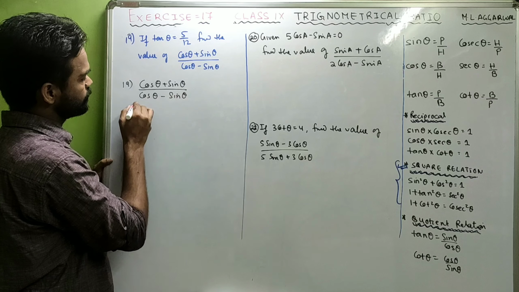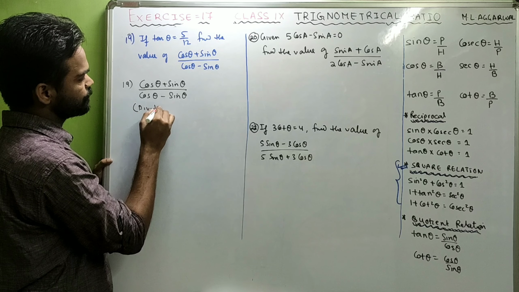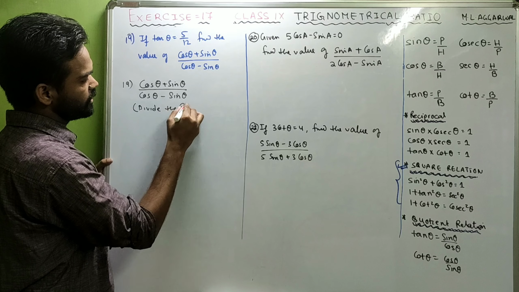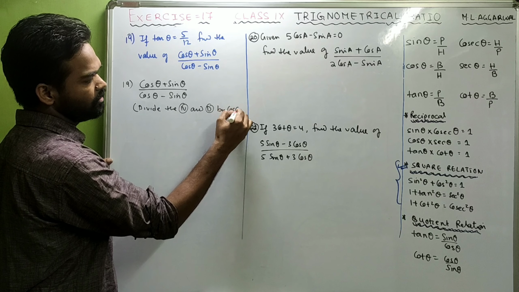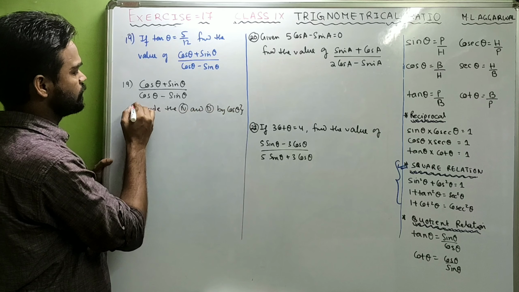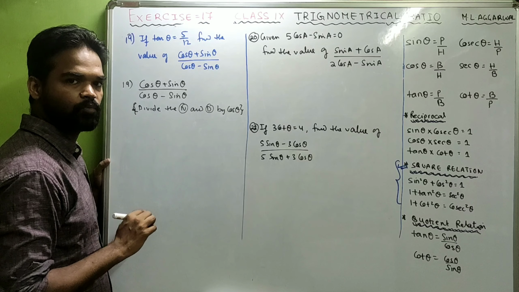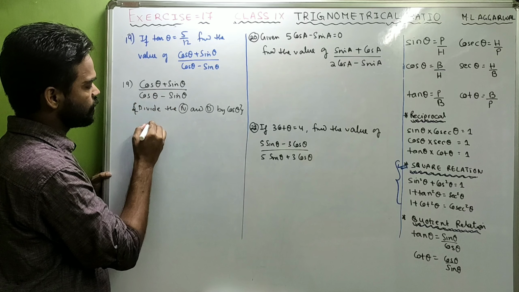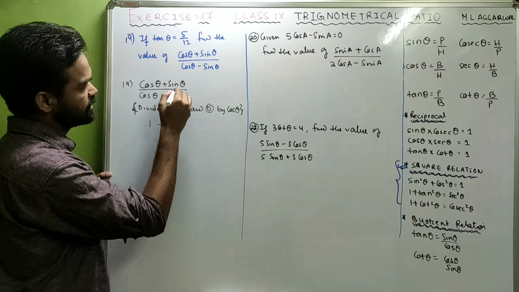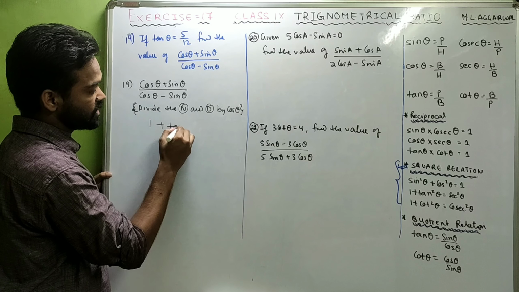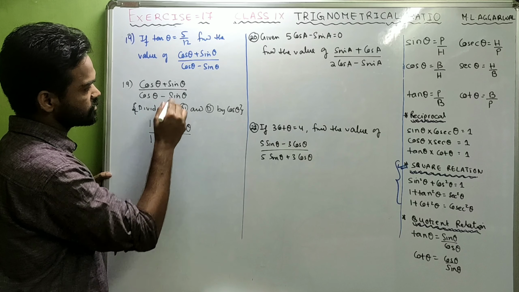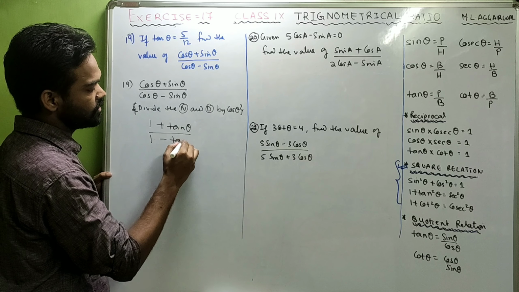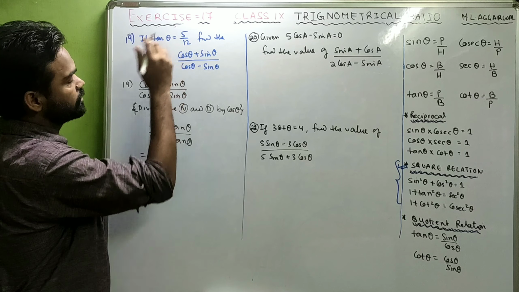What I'll do, divide the numerator and denominator by cos theta. I can divide both the numerator and the denominator by the same quantity. So cos theta by cos theta is 1 plus sin theta by cos theta becomes tan theta, by cos theta is 1 and this is minus sin theta by cos theta is tan theta.